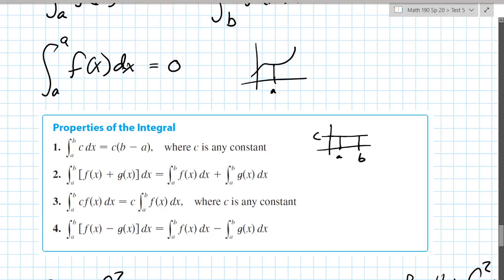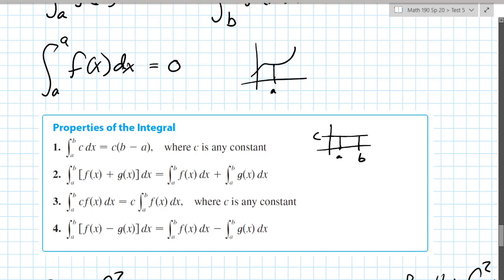Next one says that the integral of the sum is the sum of the integrals. That is, we could split the integral up if there's addition, and number 4 is the same thing except for subtraction. So we can split that up with addition or subtraction. And then number 3 says that if we have a constant times a function of x, we can factor the constant out.